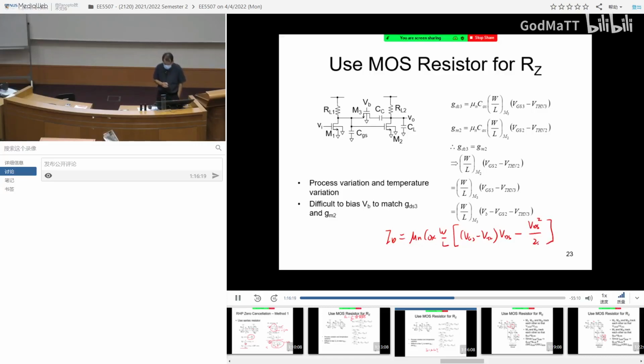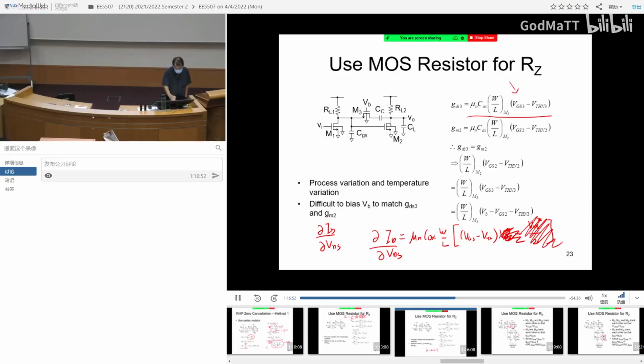Now, to find the resistor, you should find delta ID over delta VDS. Right? So if you assume VDS is so small, you don't even care about this term. If you find delta ID over delta VDS, basically you just remove VDS, and that is how you end up having the following. So it tells you the conductance is simply given by this term.